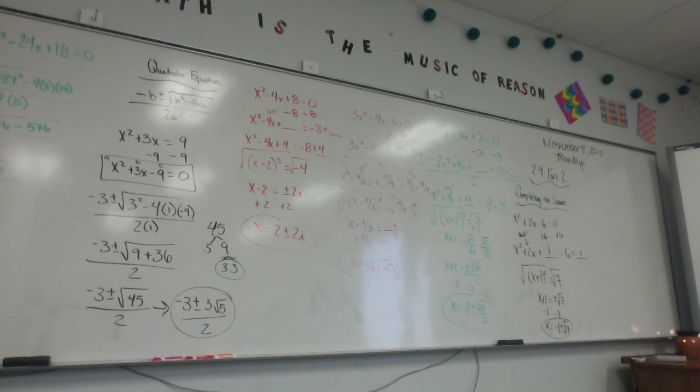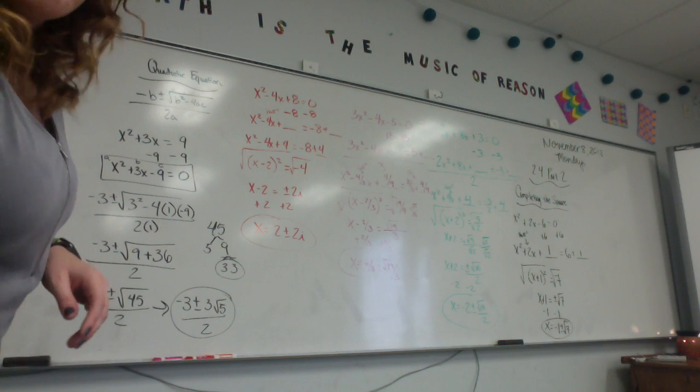Yes. Can 8 go into both of them? Okay, what's 24 divided by 8? And what is 16 divided by 8? My answer is 3 halves. Okay, these are the two things you're going to do tonight, completing the square and quadratic formula.